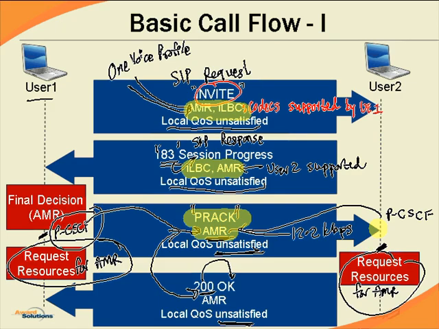In this case, whoever sent the first invite message, that is the party that will be making the final decision on speech codec. So here user 1 has sent the invite message, so user 1 is making the final decision. So that is the key.